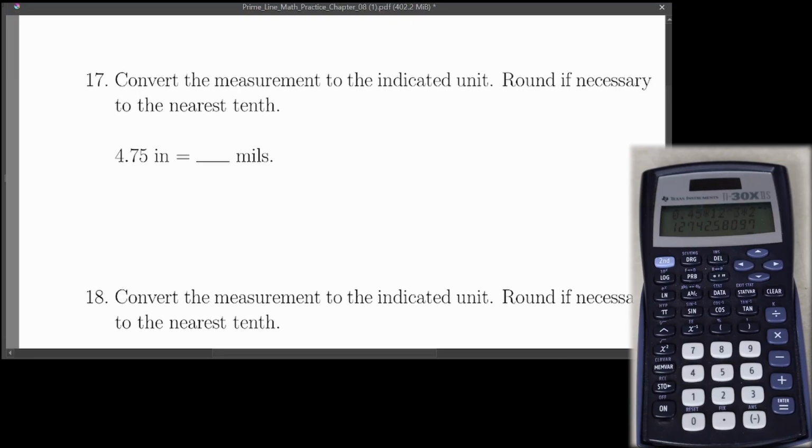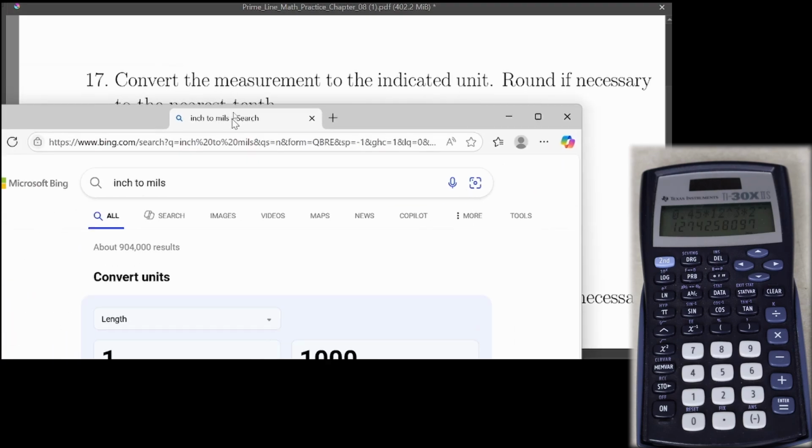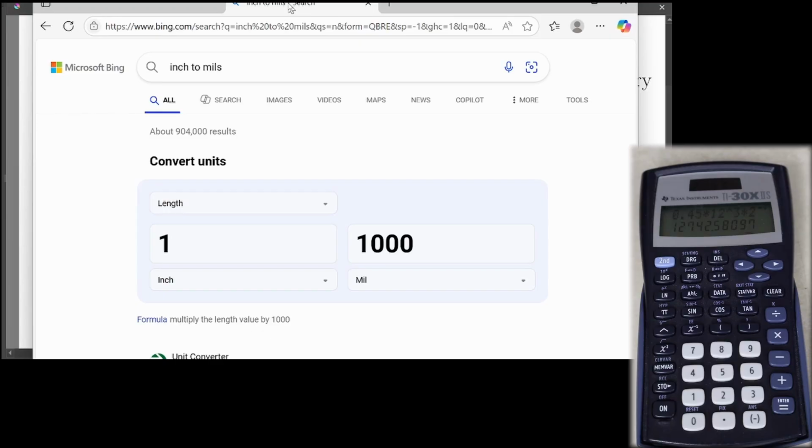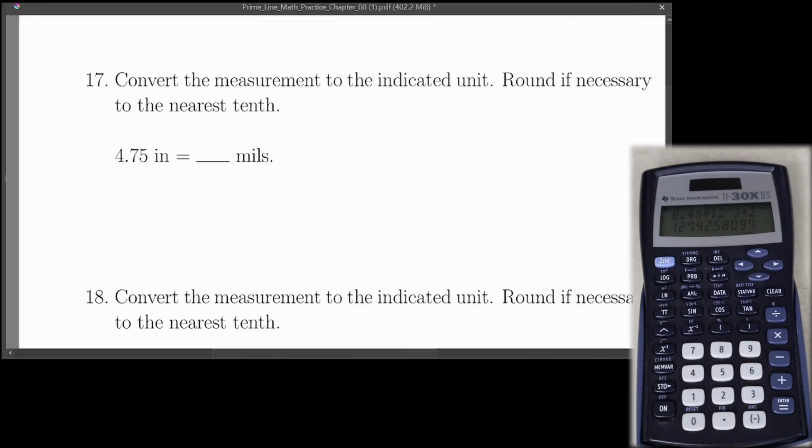Okay, for number 17, we need to make sure we have the conversion factor inch to mils. Just realize 1 inch is 1,000 mils. So we can say 4.75 inches, 1 inch is 1,000 mils.